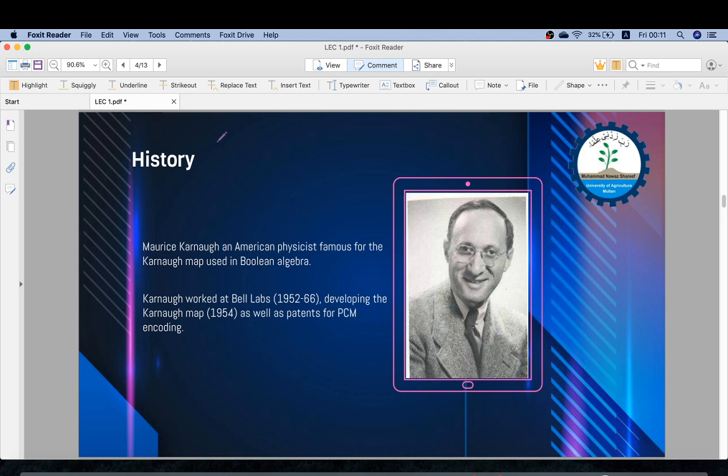He also worked for Bell Labs, developing K-maps in 1954, as well as patents for PCM encoding. He invented these K-maps so that we can use them in Boolean algebra.